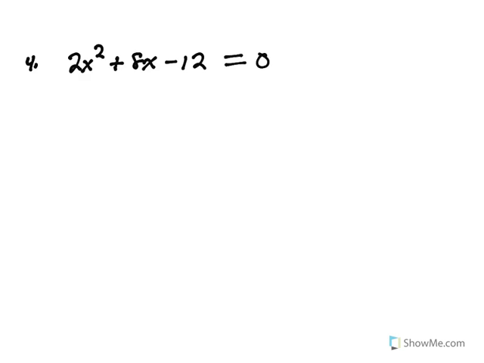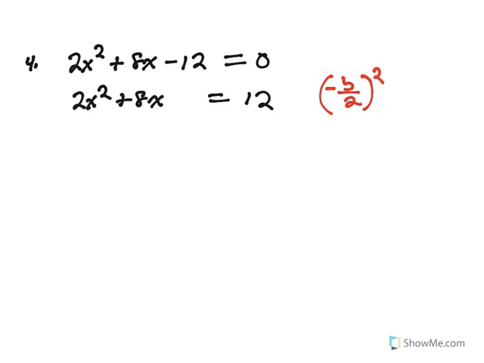Okay, let's bring that 12 over by adding it. So again, that's going to be 2x squared plus 8x equals 12. All right. Okay, so what's my b term? It's going to be 8, right?